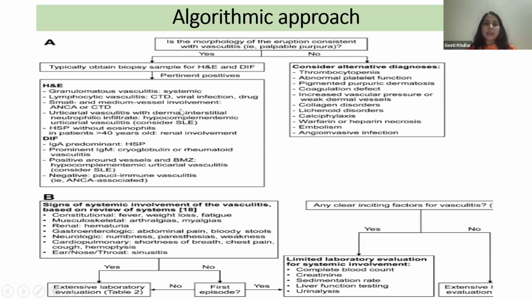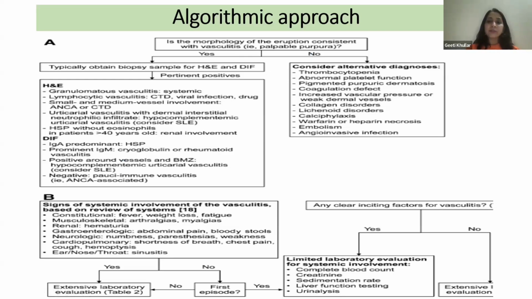Look for the histopathology features that I have mentioned, whether there are eosinophils, whether there is medium and small vessel involvement, whether there are any granulomas, eosinophils or neutrophils. So look for the infiltrate, look for the caliber of the vessel that is involved. What is the DIF deposit, whether it is IgA, IgM, or whether it is negative, then it is suggestive of ANCA-associated vasculitis.